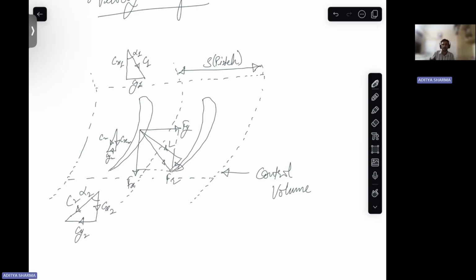So these are the velocity triangles involved in a turbine cascade.